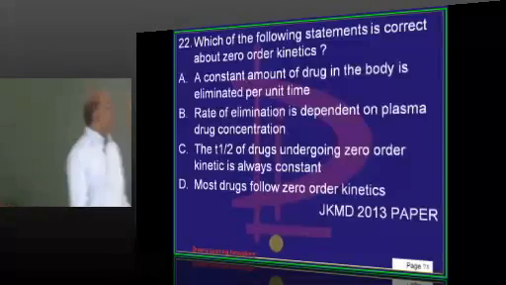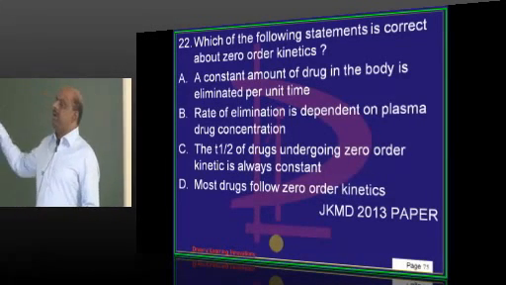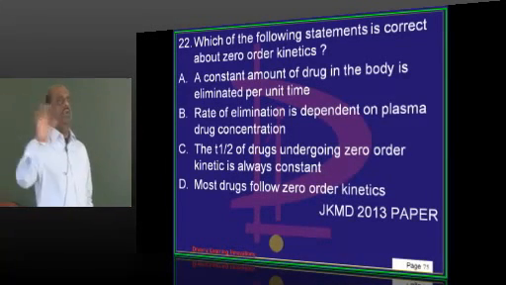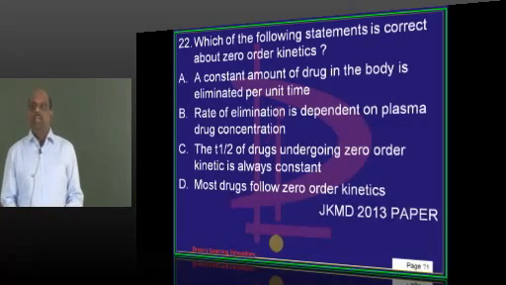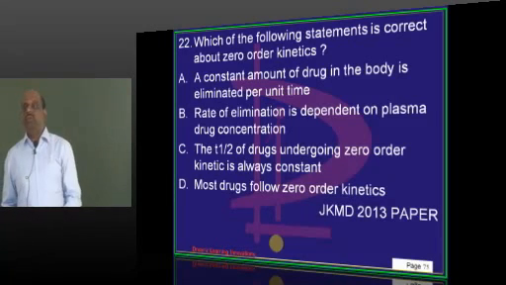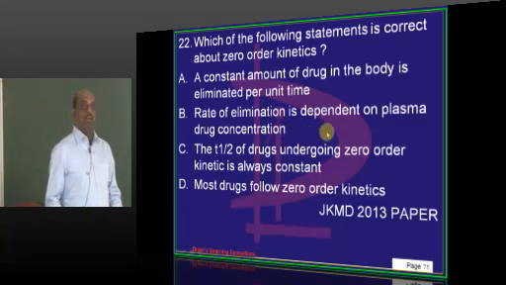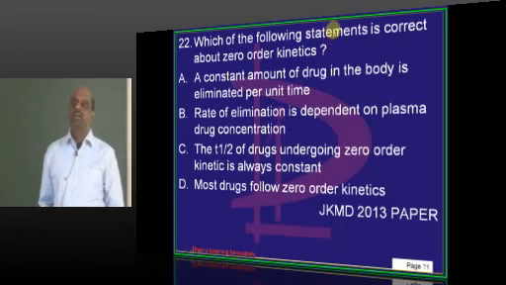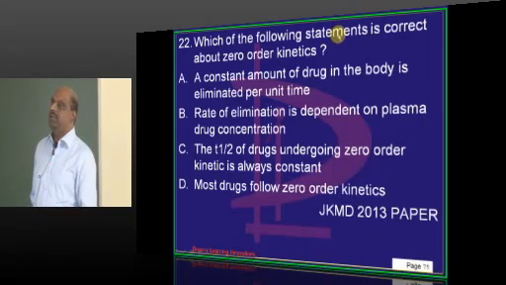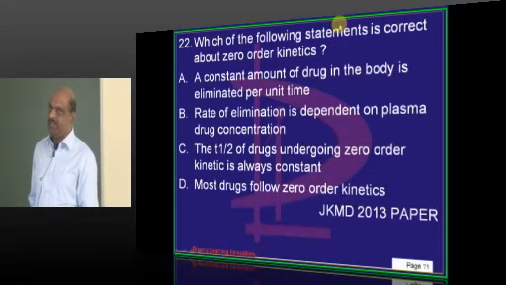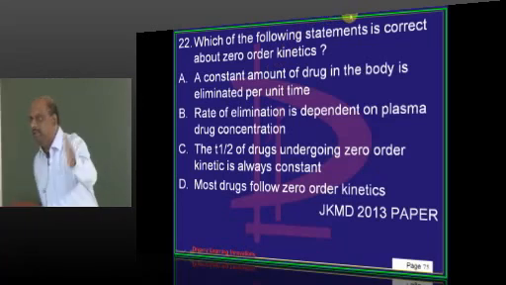So you need to remember zero order kinetics versus first order kinetics. If 100 becomes 50, 50 becomes 25, 25 becomes 12.5 with every half-life, then what do you call it, doctor? First order kinetics, where logarithmically there is a fall.